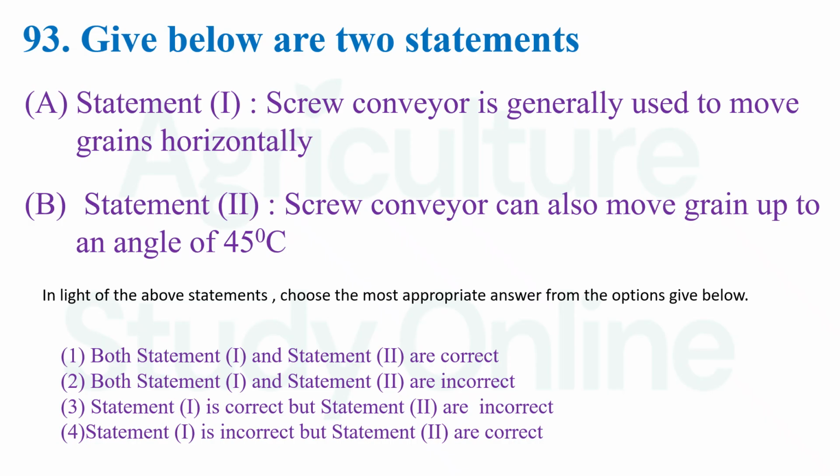So this is also true because screw conveyors can incline and transport materials up to 45 degrees. So these screw conveyors are versatile. It can convey horizontally as well as inclined up to 45 degrees. So over here both the statements are correct.